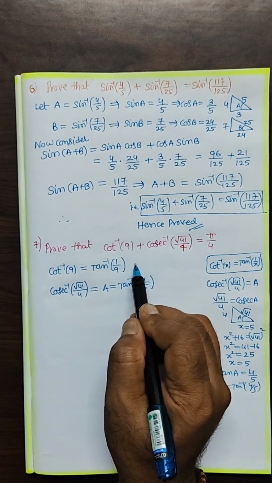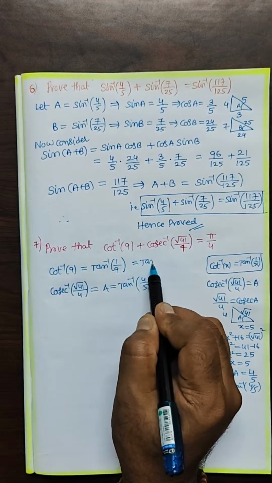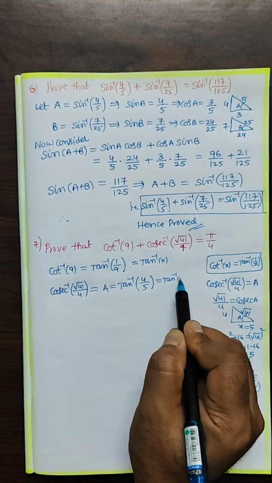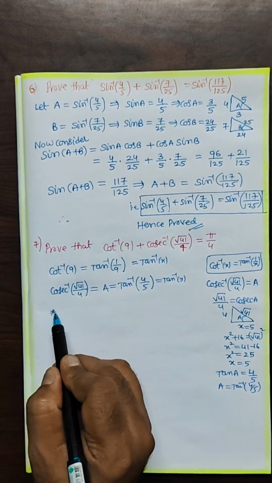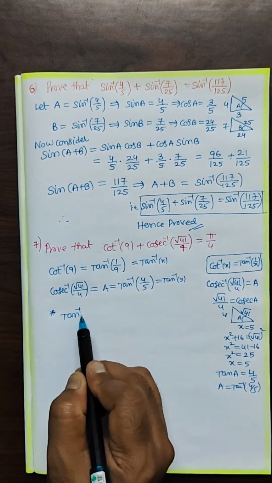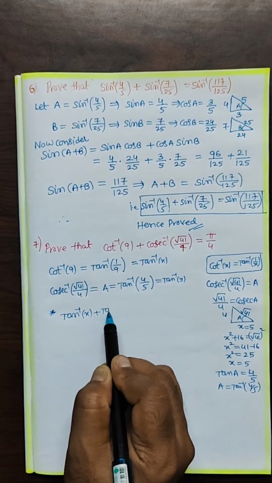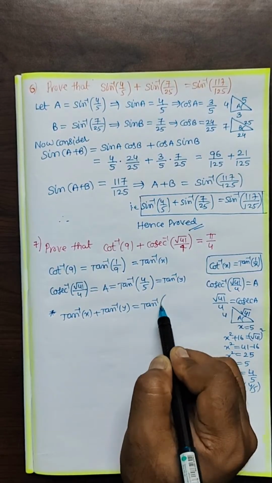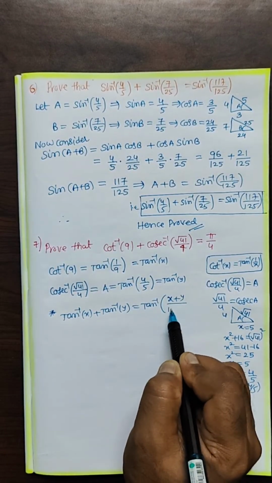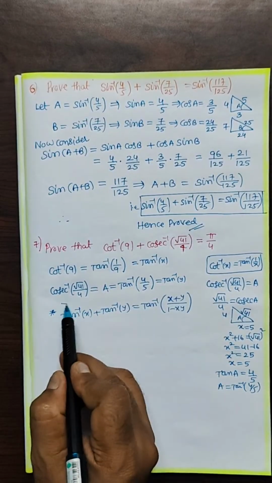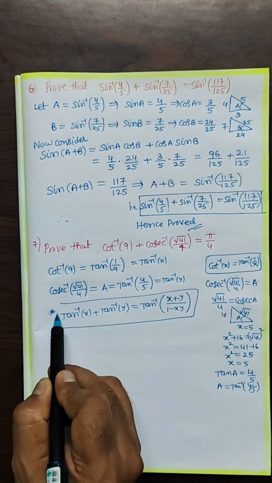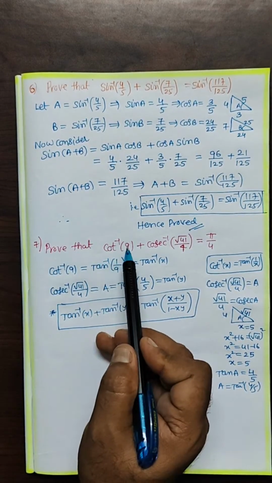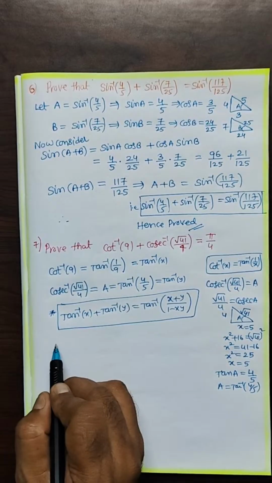It is looking like tan inverse x, and this is tan inverse of y. We have the formula: tan inverse x plus tan inverse y is equal to tan inverse of x plus y by 1 minus xy. So in place of cot inverse 9, this value.